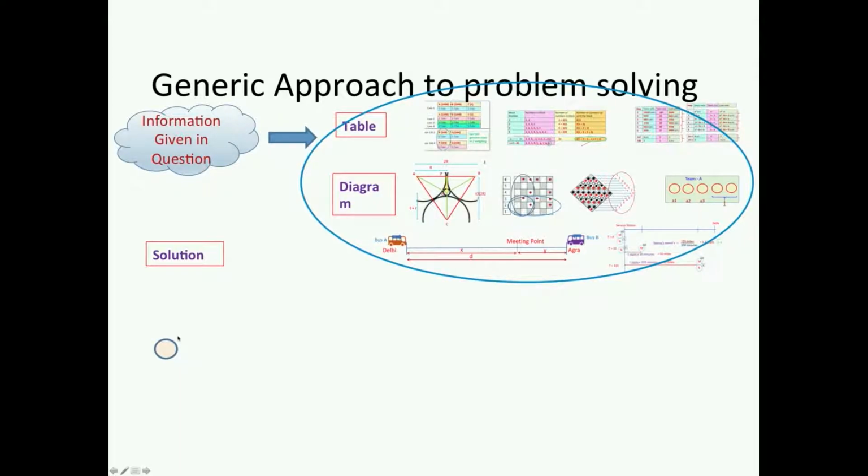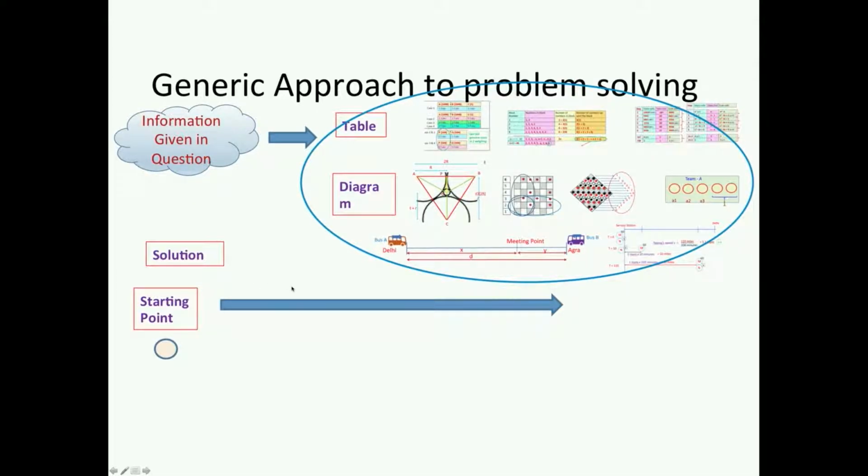In order to do that, you have to find a starting point using the information given here. You need to find a starting point for your solution. And from the starting point, you'll take a few steps till you reach your objective. Your objective is what question is being asked. So you'll have to find some starting point and follow some steps to reach this objective.